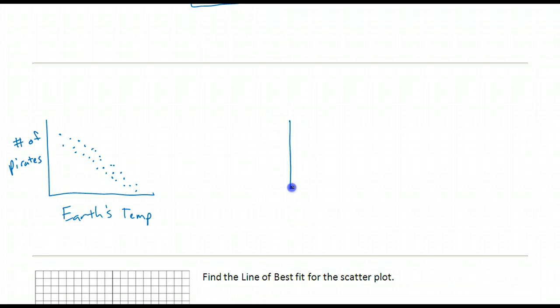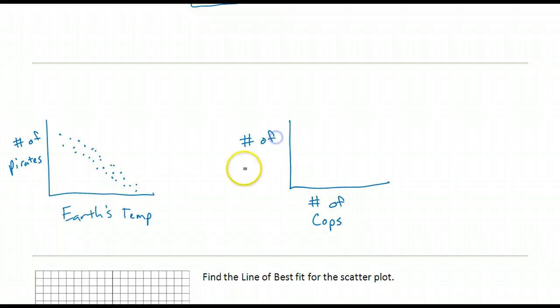If we looked at the map of a major city, and we made a grid of the map, and we looked at the number of cops on duty versus the number of murders in each district, as the number of cops on duty increased, the number of murders in that district will actually increase.